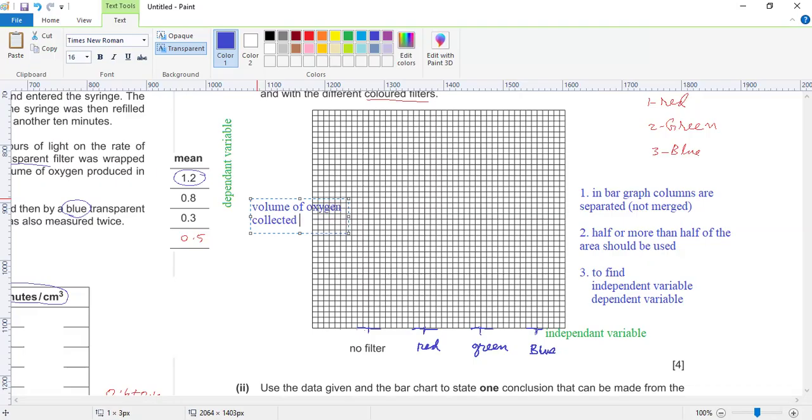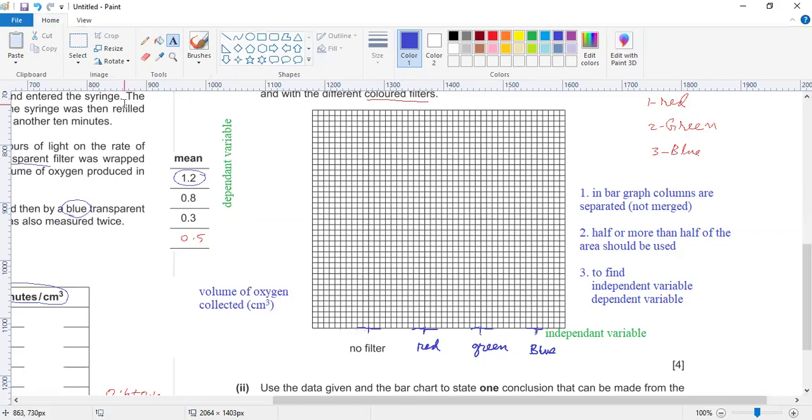And mention the unit as well. The unit is centimeter cube. So this is the dependent variable.